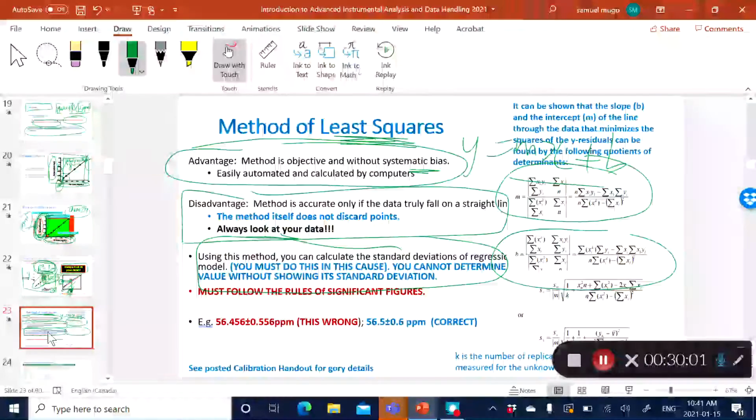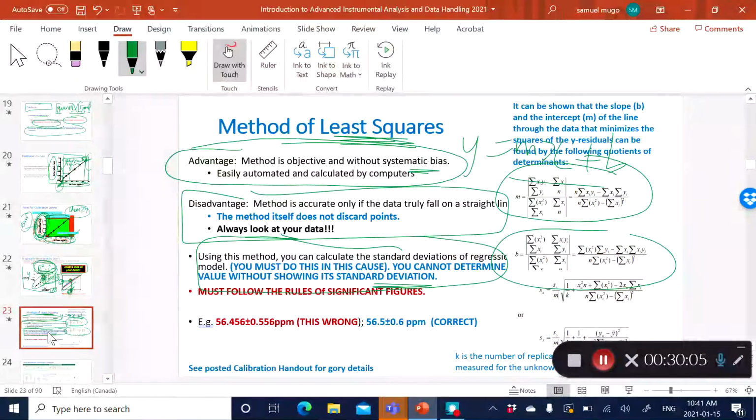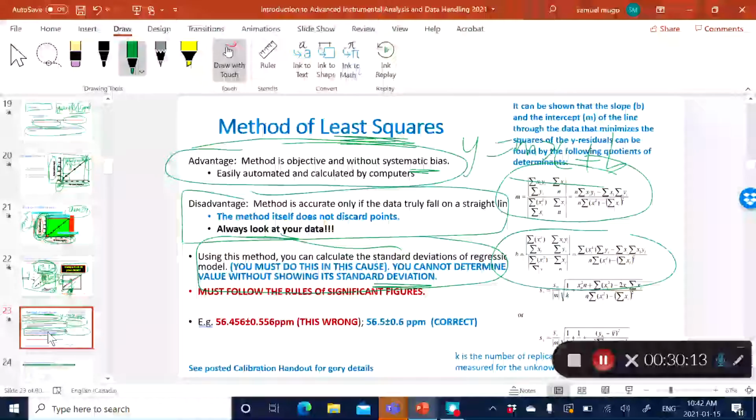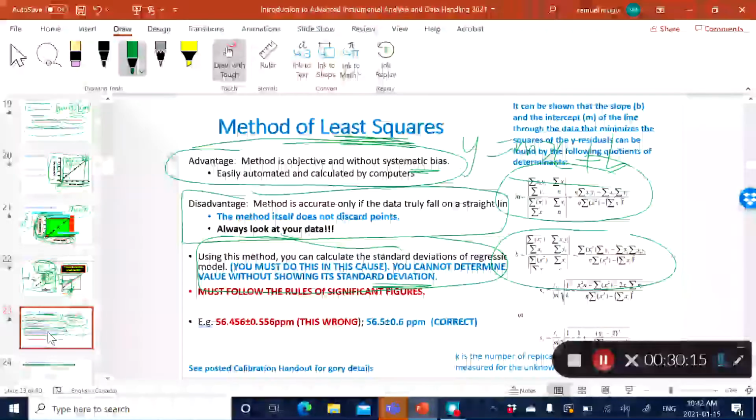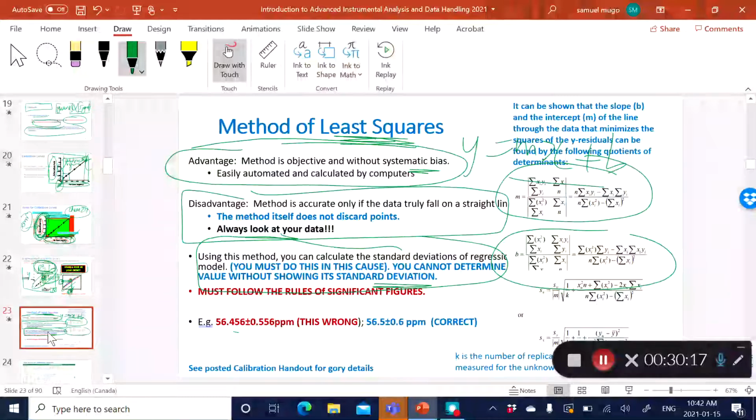Any value you determine needs to have a standard deviation associated with it, because there's always an error that is inherent in every analytical method.